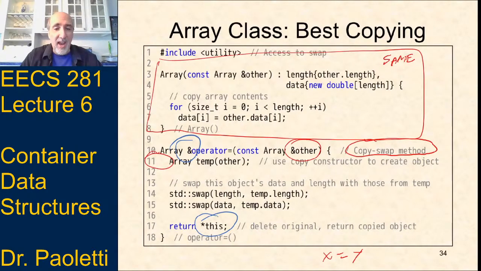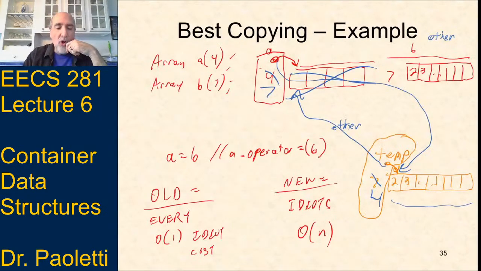So when they say A equals A, they say, ooh, I better make a copy of A. Then I'll swap A's old data with the copy's data, and A's length with the copy's length, and then I'll get rid of the original data. So now nobody pays an O of 1 idiot check cost, but bad coders pay an O of n cost. I call that a win. We've gotten rid of an O of 1 cost for everybody and made idiots pay a bigger cost.